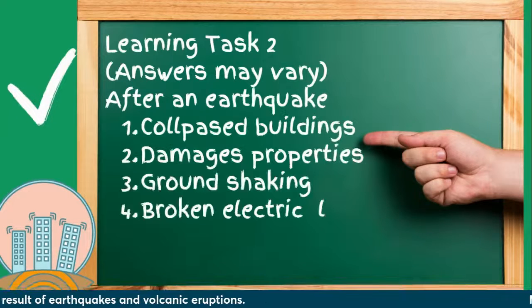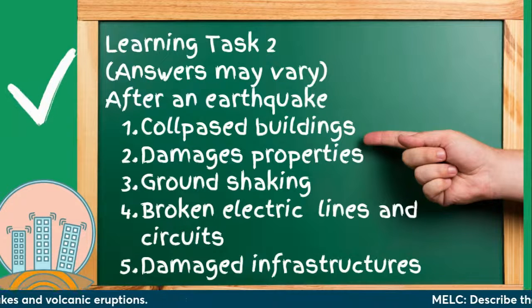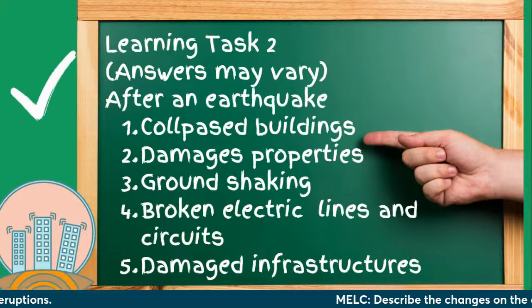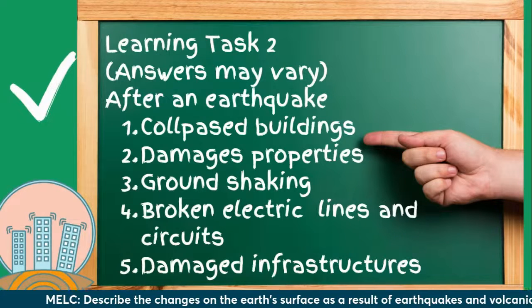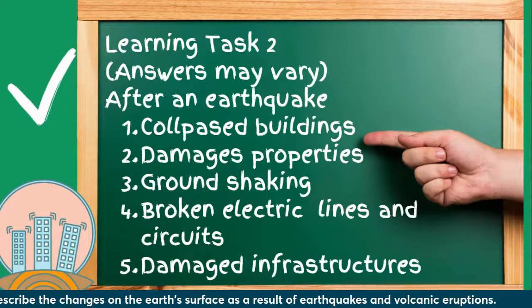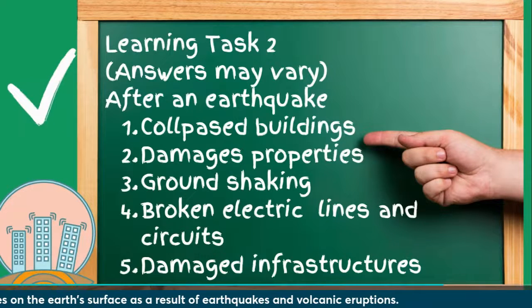Learning task 2, again, your answers may vary. After an earthquake, number 1, collapsed buildings, damaged properties, ground shaking, broken electric lines and circuits, and damaged infrastructures.